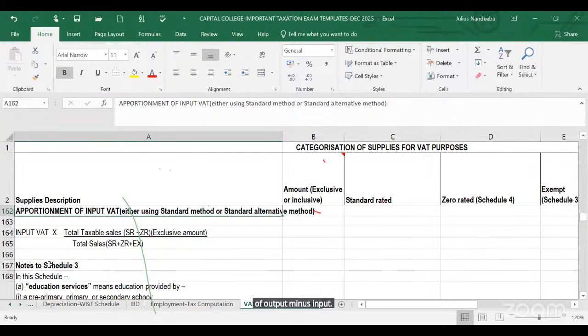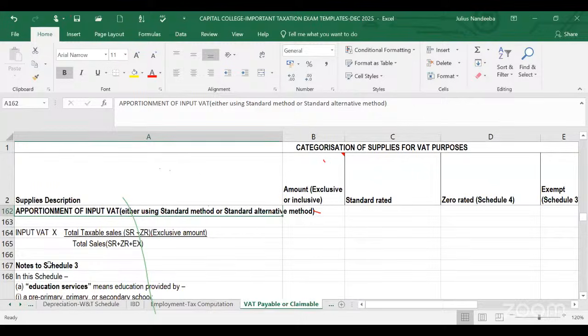The last question you ask yourself: when I was drawing my sales schedule, did I have any exempt sales? The moment you have any exempt sales in your sales schedule, you must do what you call apportionment of input VAT.